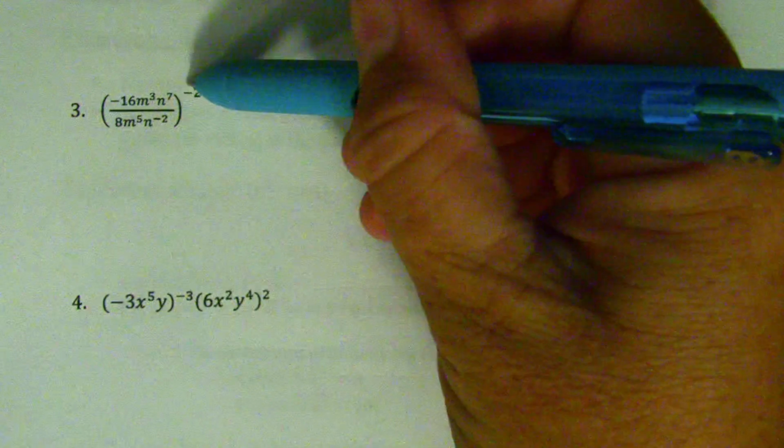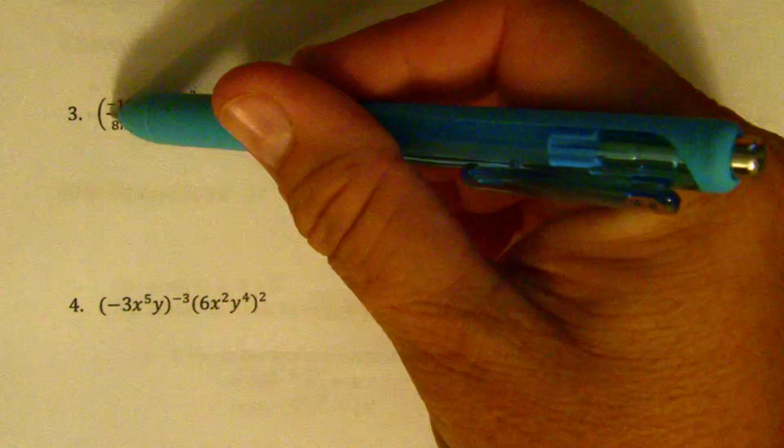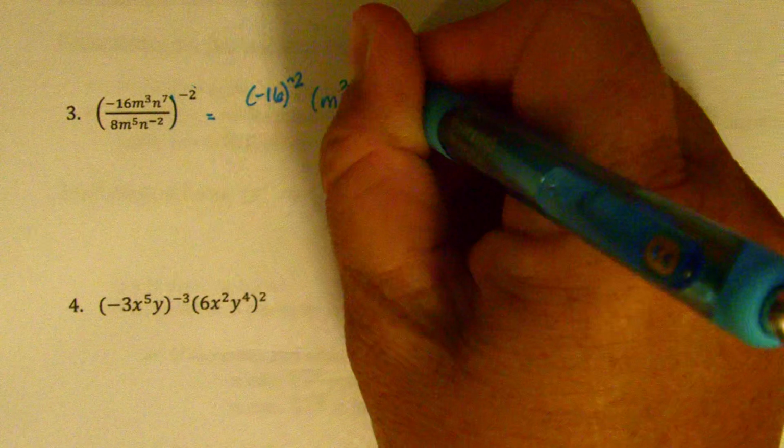So this next one now has an exponent out here that needs to be distributed, and these parentheses cover both the top and the bottom of the fraction. So this negative 2 is going to go on every single term here. So I have negative 16 to the negative 2 power. I have m to the third to the negative 2 power.